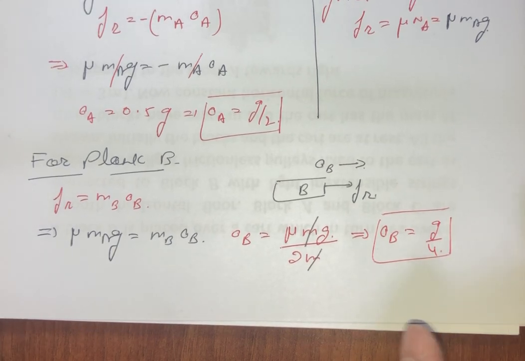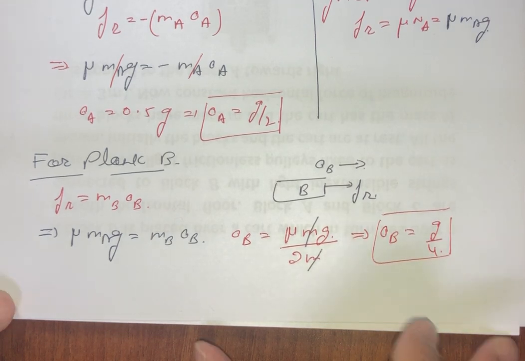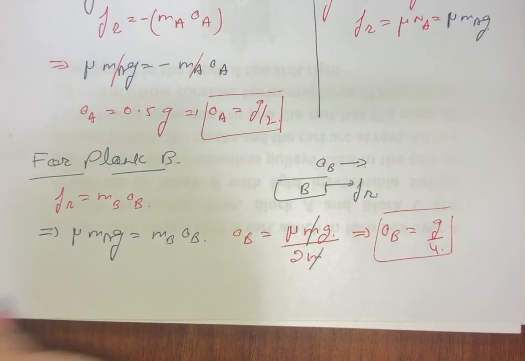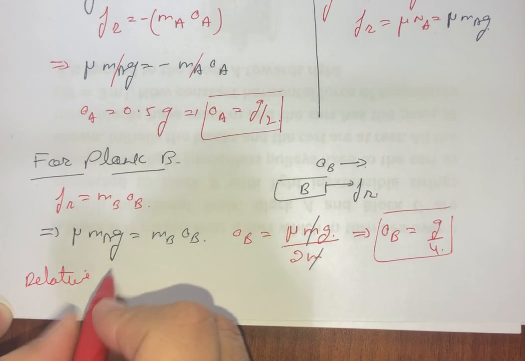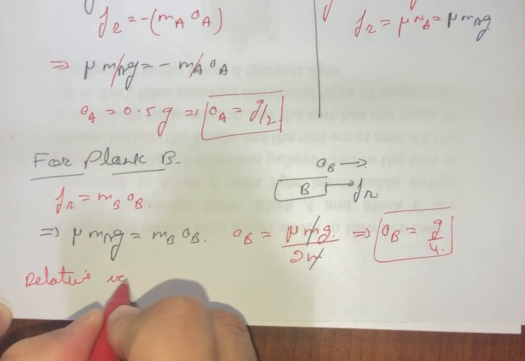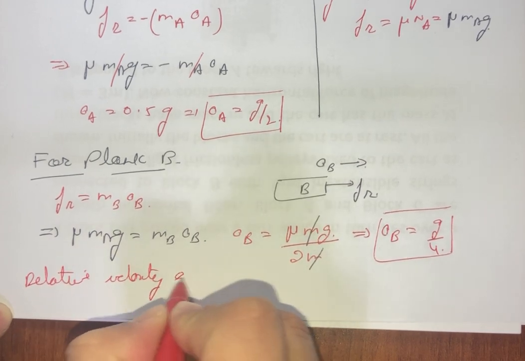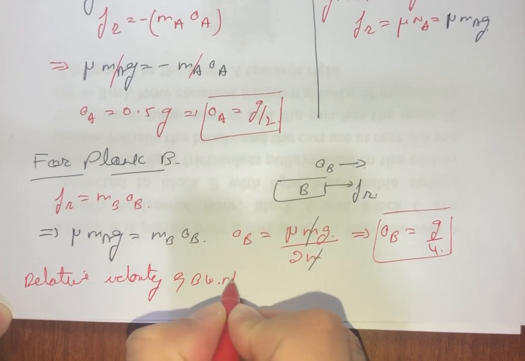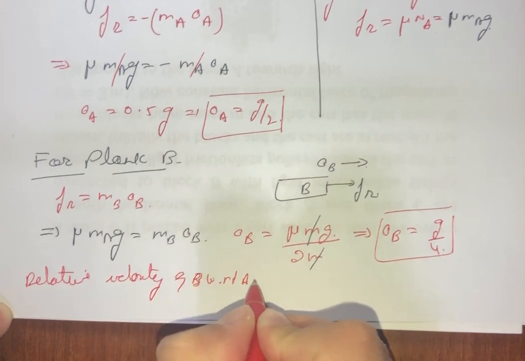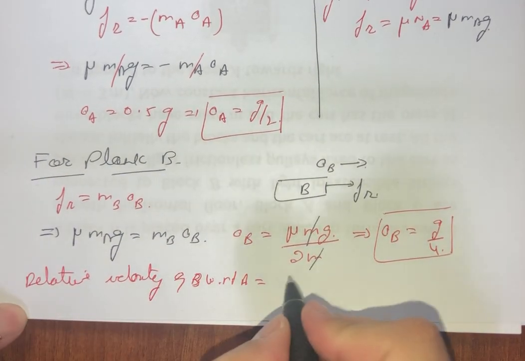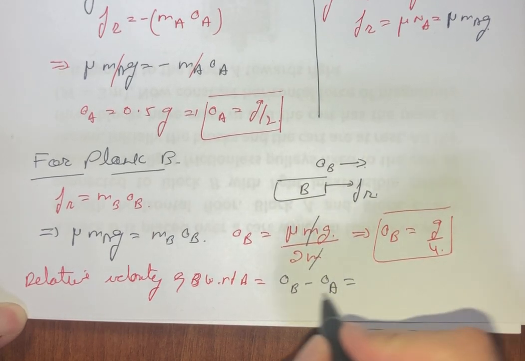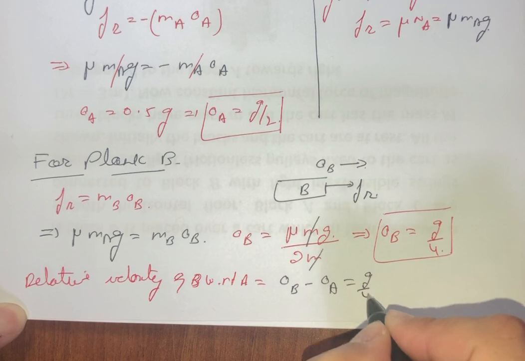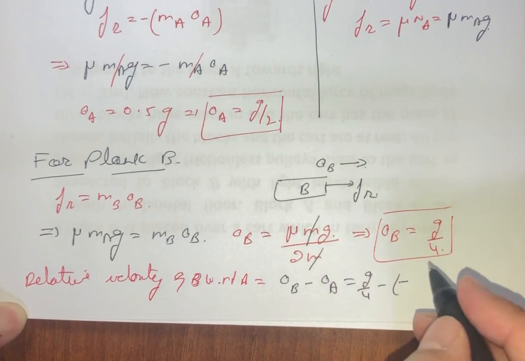Now we are supposed to find out the relative acceleration of B with respect to A. So we can say that the relative acceleration of B with respect to A is equal to aB minus aA, and aB is g by 4, minus of minus g by 2.